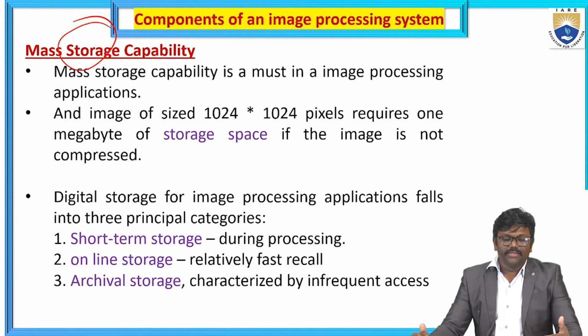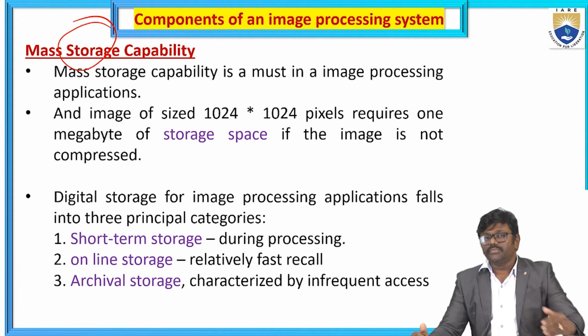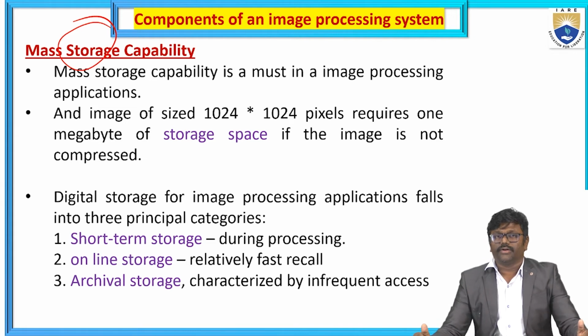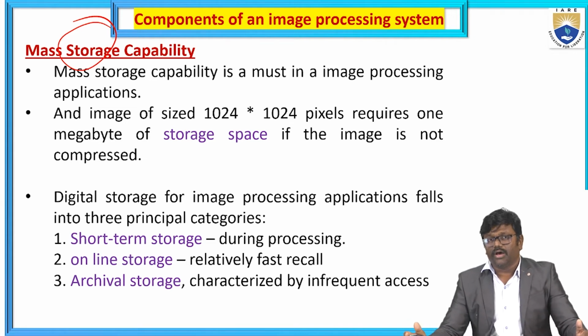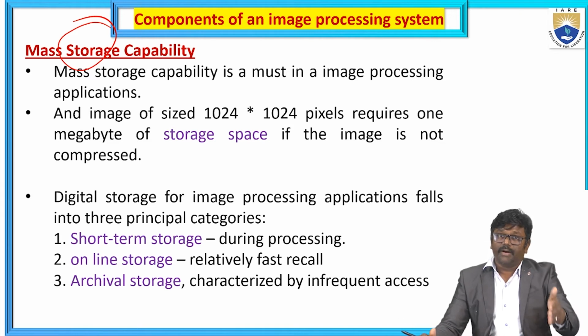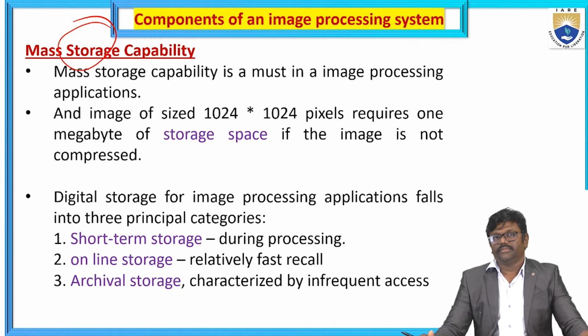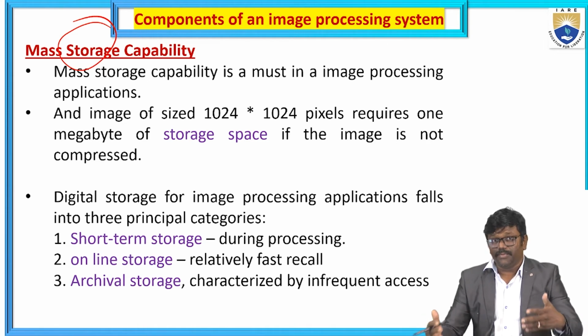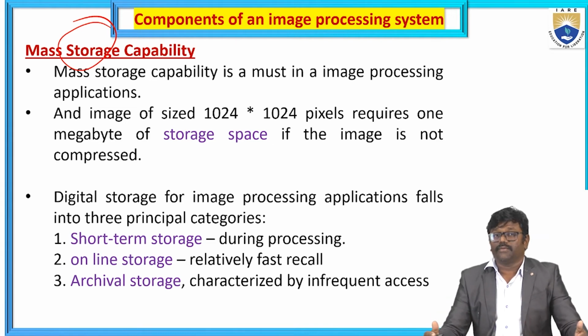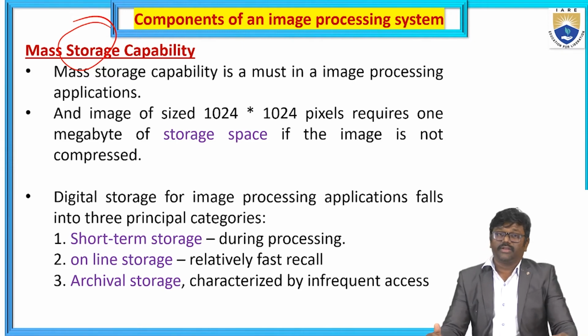Even nowadays, as one of the components towards designing or developing an image processing system, it 100% depends upon the mass storage capability only. Why is it needed? We'll discuss later, before understanding this complete process of mass storage capability, then we can introduce the importance also.